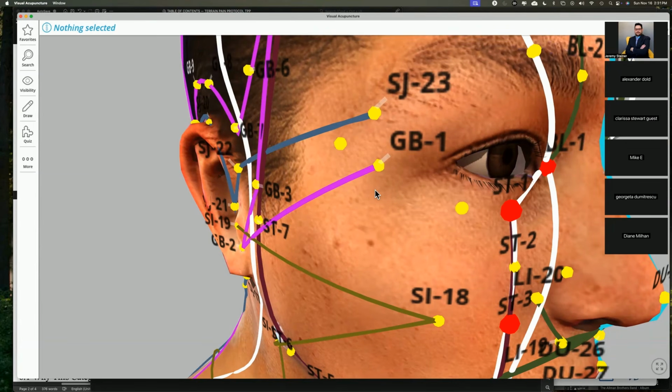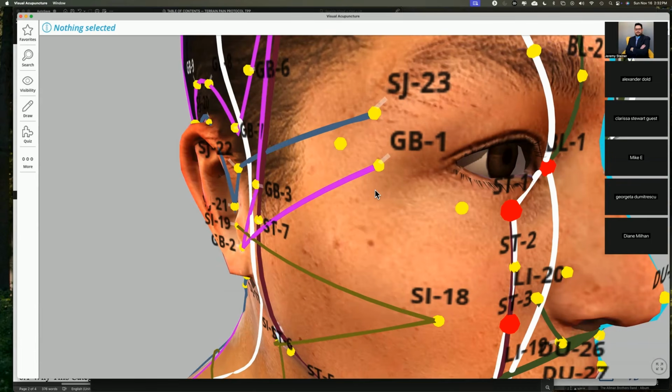They're chi receivers until you fill them up. Until you fill the gallbladder channel up, if it's deficient, it will be a chi receiver, which you can think of as a chi stealer as well. But I think receiver's a more neutral, better term.